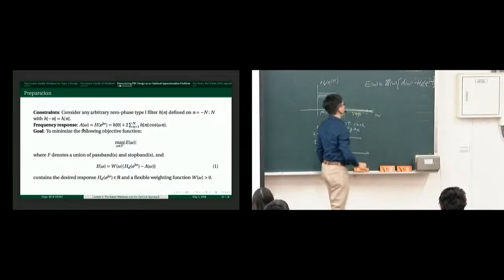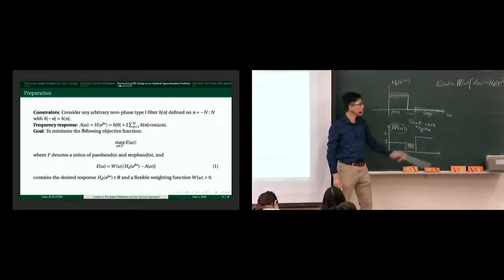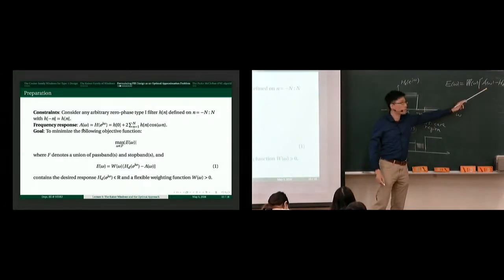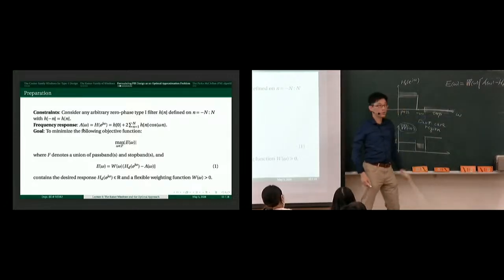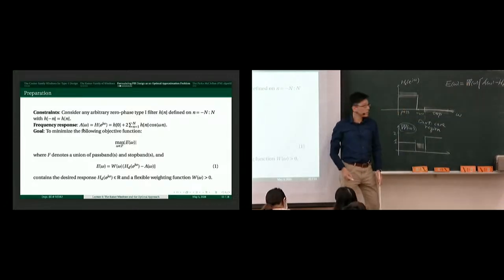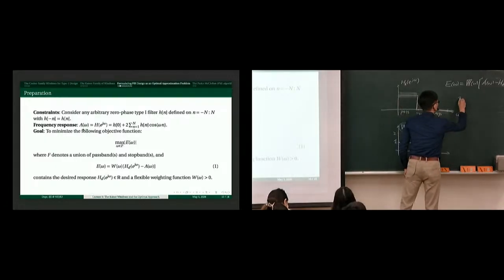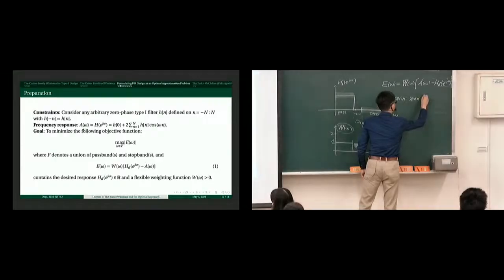Weighted error, so to speak, because this difference definitely is an error, but that error is not weighted. So now our design goal is to minimize the maximum approximation error.